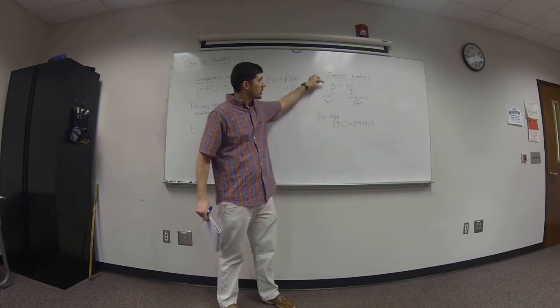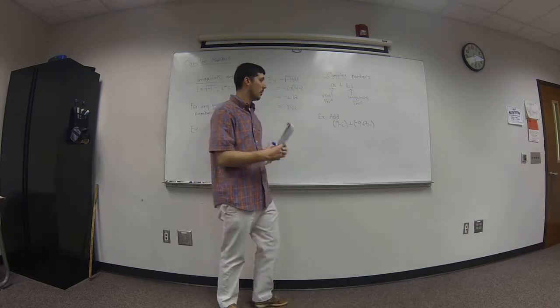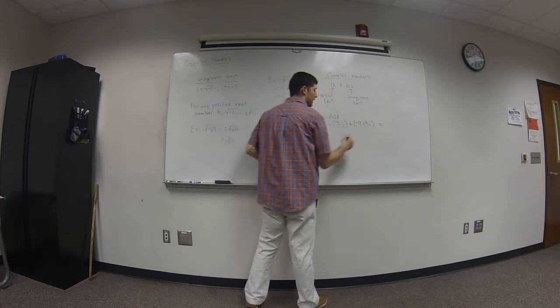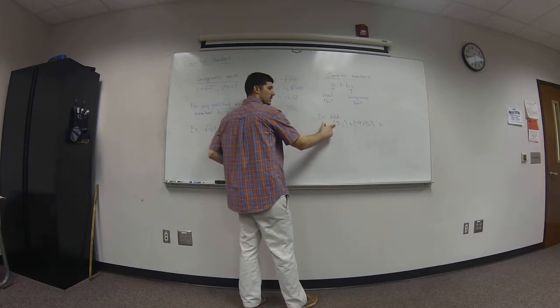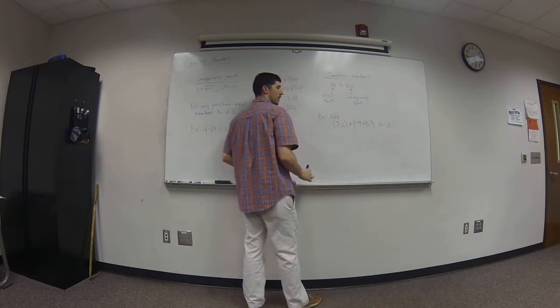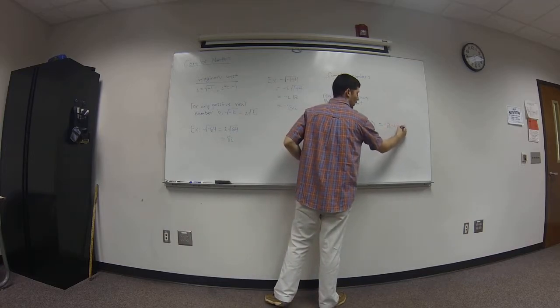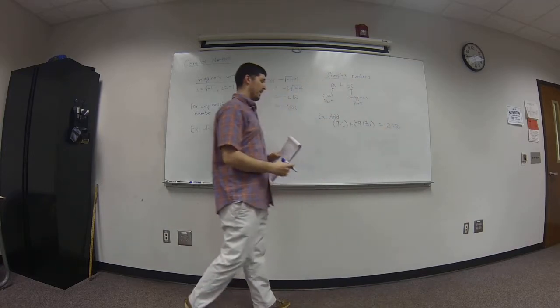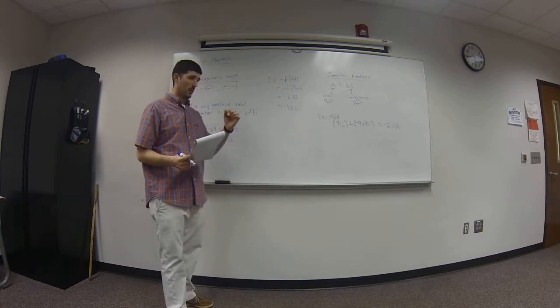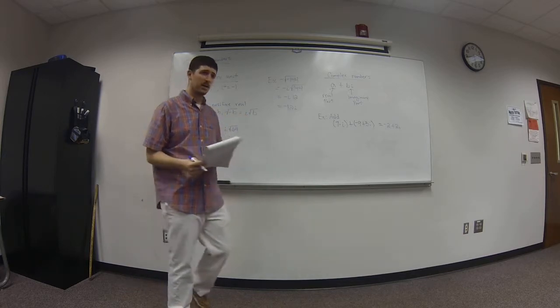Our answers should look like a real part plus an imaginary part. The real parts: 7 plus -9 gives me -2. The imaginary parts: -i plus 3i is plus 2i. And there's our answer. Anytime you add or subtract, you just add or subtract the real parts and the imaginary parts.